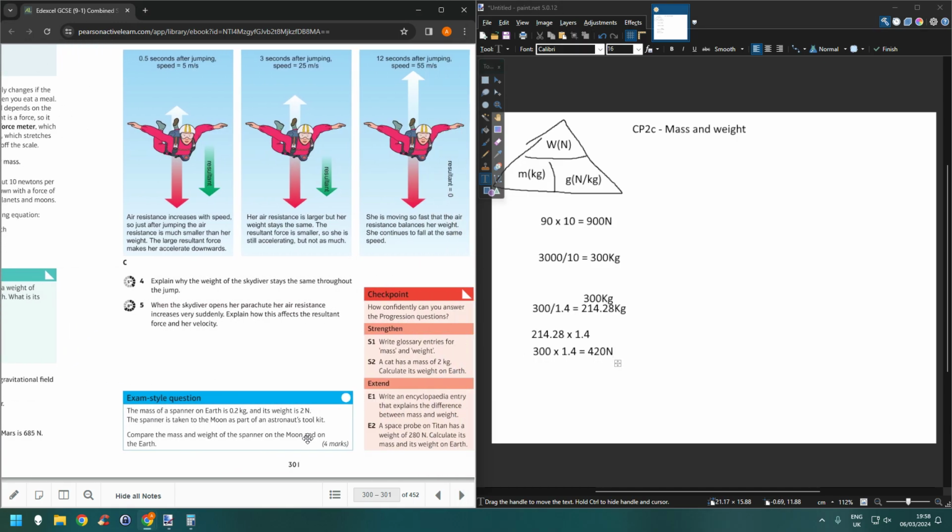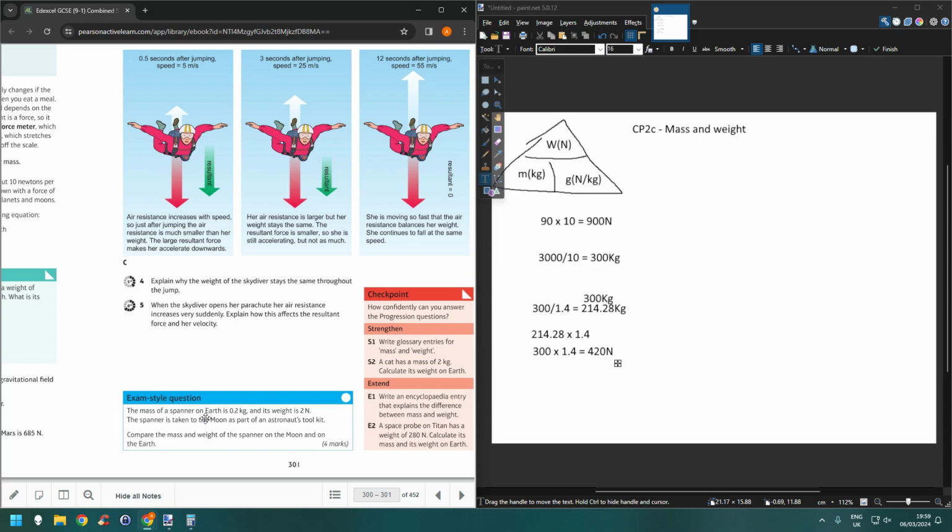Finally, 4 marks. This is going to be interesting. The mass of a spanner on Earth is 0.2 kilograms, and its weight is 2 newtons. The spanner is taken to the moon as part of the astronaut's toolkit.